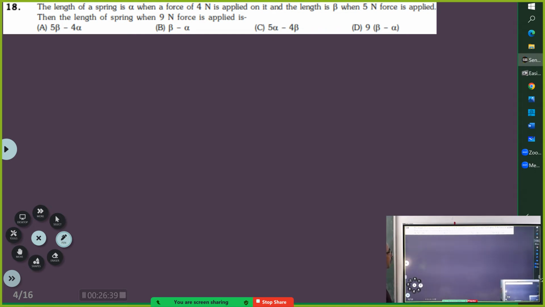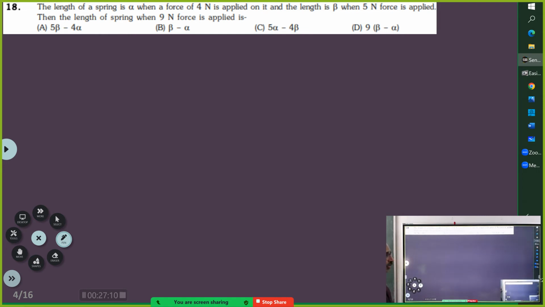Solve this problem. So write the equations correctly, then it is done.